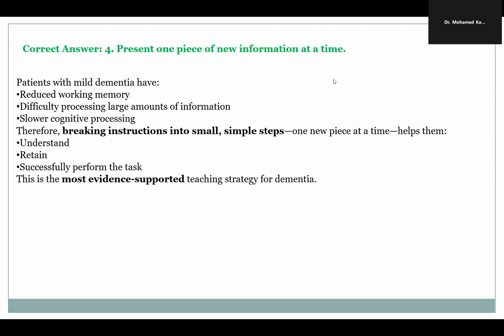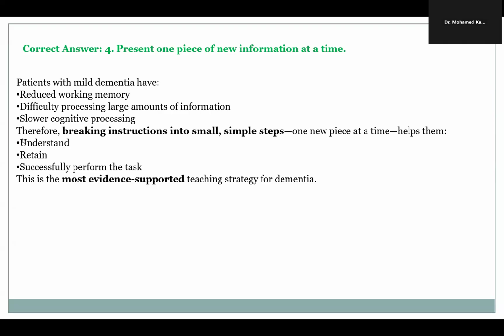This is the correct answer. A patient who has mild dementia has reduced working memory. They have difficulty processing large amounts of information. So we need to present one piece of information for them at a time and then go to the next one. They have slower cognitive processing.